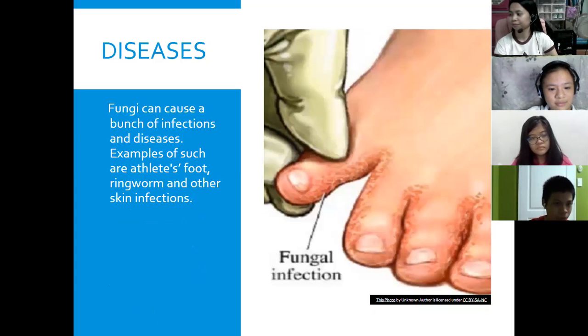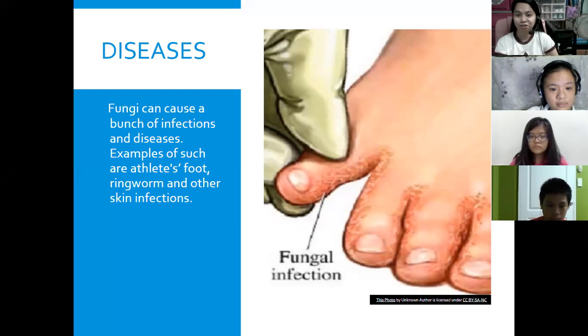Diseases. Fungi can cause a bunch of infections and diseases. Examples of such are athlete's foot, ringworm, and other skin infections. Okay. So have you ever experienced having athlete's foot? If not, then that's good for you. Fungal infections such as athlete's foot are itchy. And we cannot even see what's going on there.